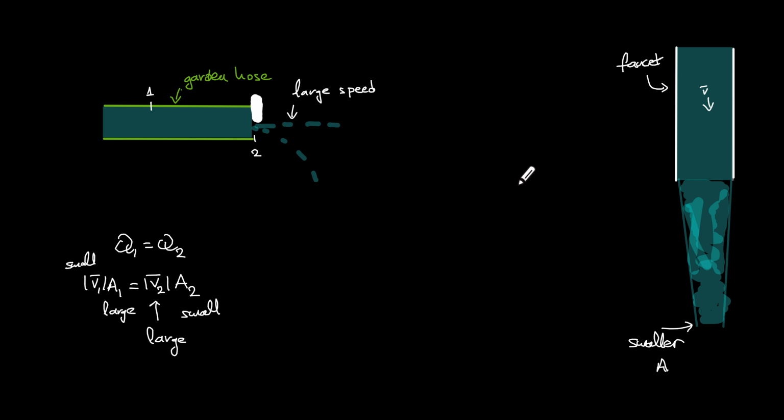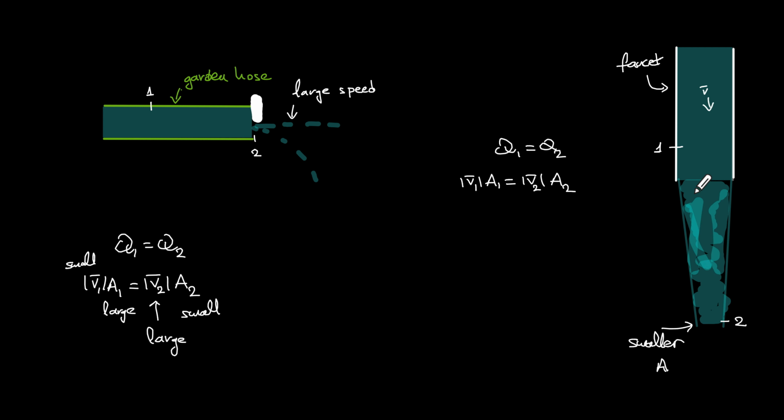Now, why is that? The equation of continuity is still true. Q1 equals Q2, the speed at 1 times the area at 1 equals the speed at 2 times the area at 2.